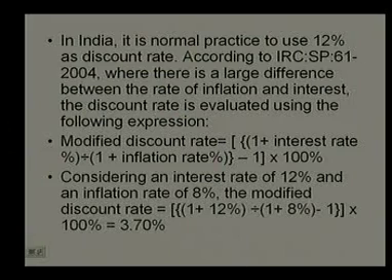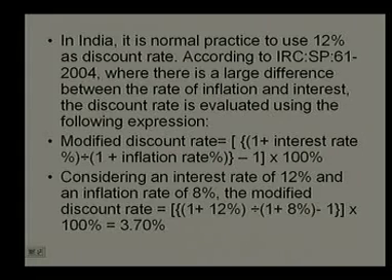Now, we have one code which is called IRC SP61. They specify that whenever you find there is a large difference between the rate of inflation and interest, here they are distinguished.